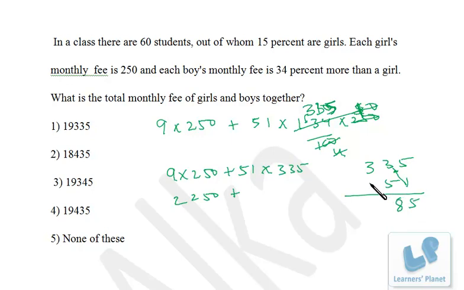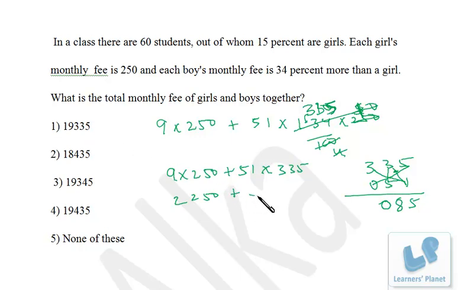Then this into this, plus this into this, plus this into this. So 3 plus 0 plus 15, right? 15 and 3, 18, and we were already having a carry of 2, so that's 20, right? Now from the second and third digit, we can find out the right answer.